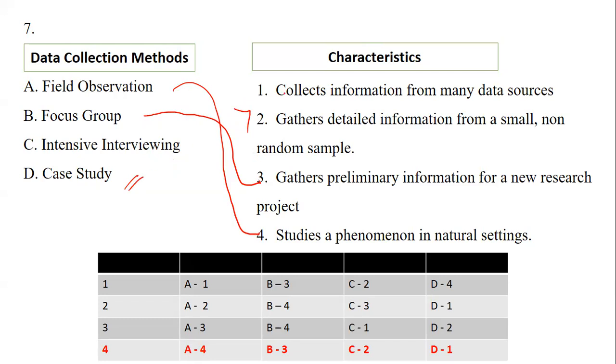And case study, as I said, collects information from many data sources. So please understand: field is done in the natural setting, focus group with the help of preliminary information to come to what exactly you have aimed at, intensive interviewing gives detailed information, and case study uses many data sources, right?